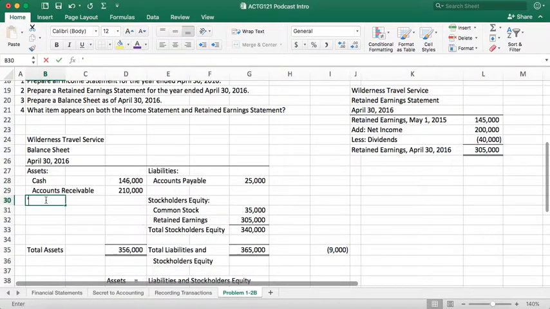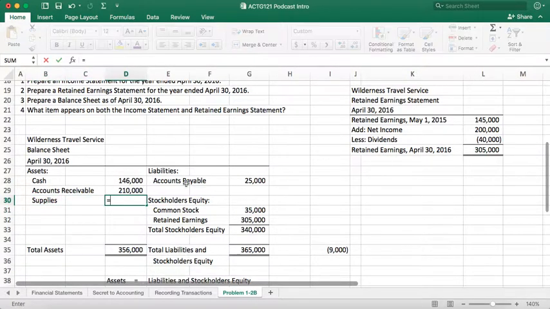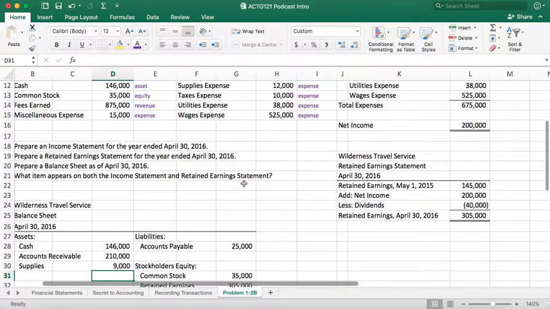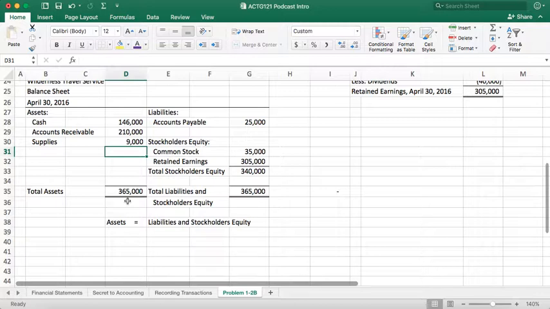Let's add supplies. Remember, that's supplies because it doesn't have a last name. It's an asset. And now, look at that. The assets, which are cash, accounts receivable, and supplies, equal 365. Liabilities, 25, plus stockholders' equity, which is 340. We got it to balance. So these are the three statements that we were asked.